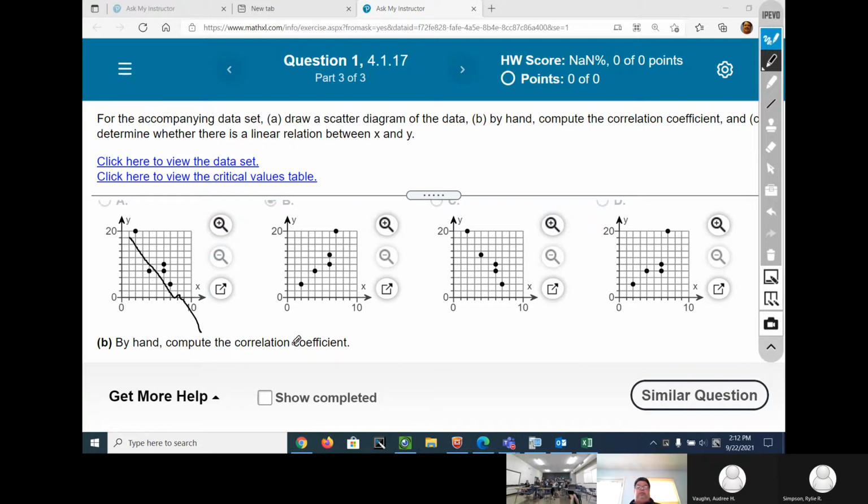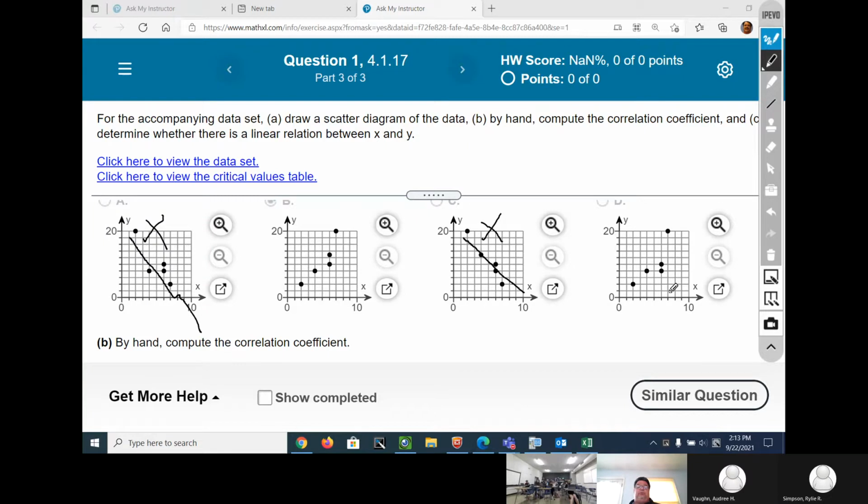Negative slope. That's a negative correlation, and that's a negative correlation. So if you say that A and C is the answer, that just tells me that you don't know what you're doing. Okay? It looks like it's either B or, I'm trying to look and see what the difference is.